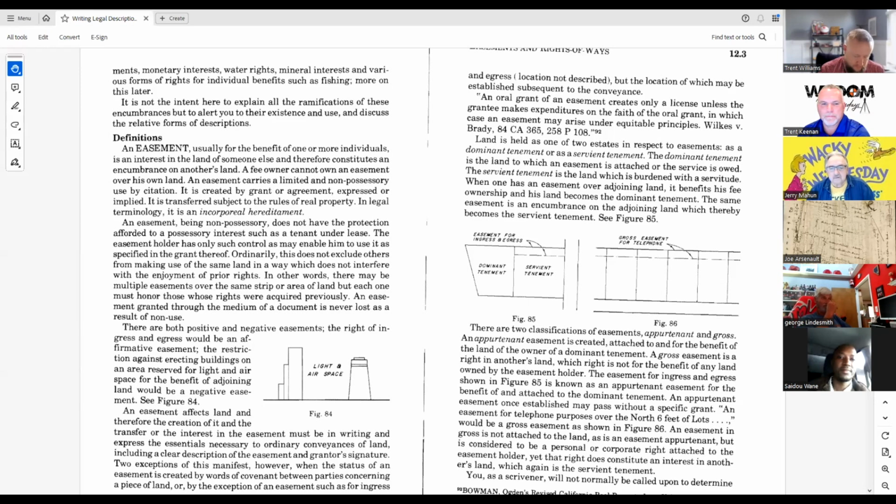On this overburdening thing, there's another situation I've seen where a landowner had an easement over someone else's property for access, and then they wanted to subdivide their property and create, I forgot how many, let's say 10 lots.